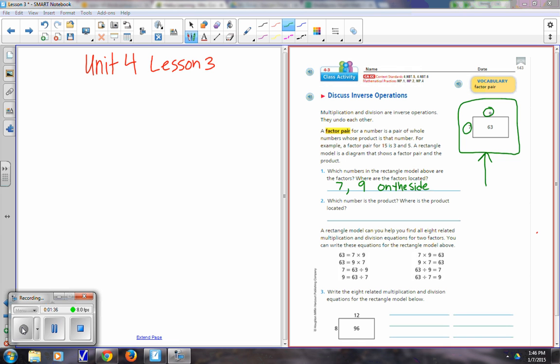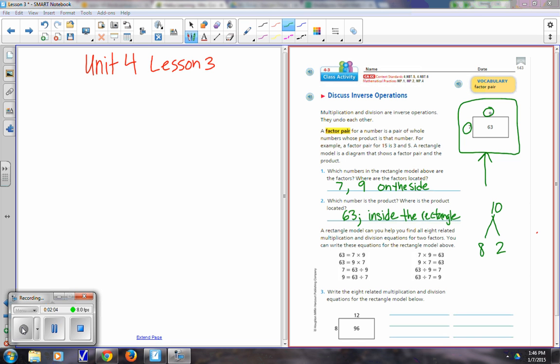So which number would be the product? The product, well, there's only one number left, is 63, and it's located inside the rectangle. So it's pretty easy to see, like we were doing the number up here, like this is 10, 8, and 2.